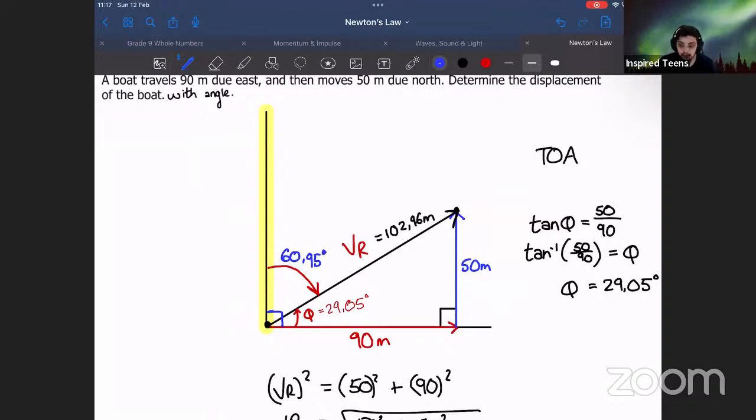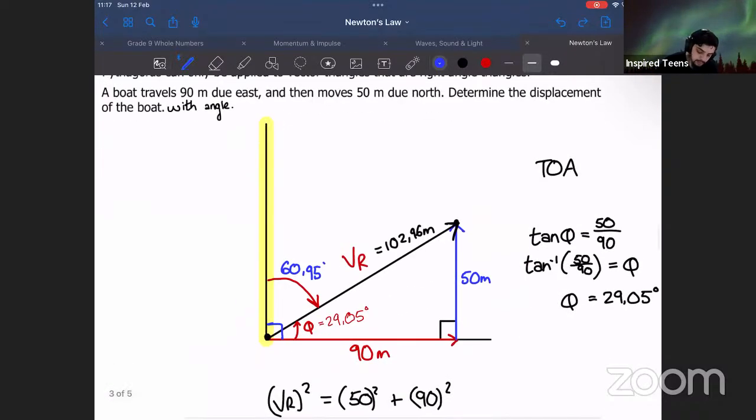So you would say that the displacement is 102.96 meters on a bearing of 60.95. Alternatively, if they don't ask on a bearing, you would say 102.96 meters, and the angle of inclination is from the horizontal, more specifically, 29.05.